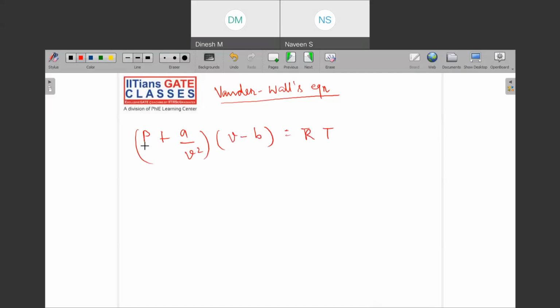Initially, what we had is that PV is equal to R bar T. What we can see here is that we are taking care of intermolecular forces, and we are subtracting the molecules' volume.